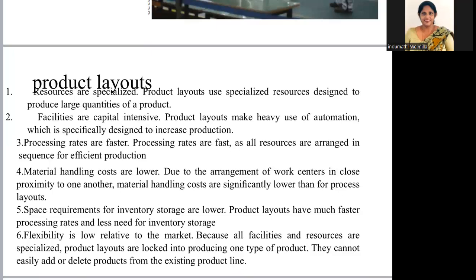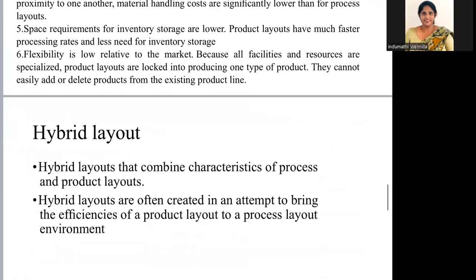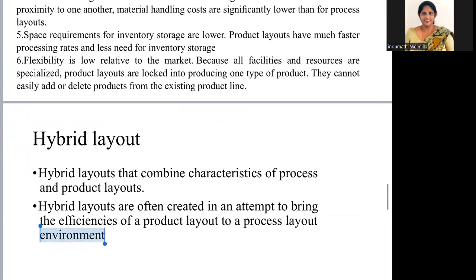They cannot quickly change these things because they use the same fixed material, same fixed equipment, same fixed machines. So it is hard to change. Therefore we can say there is less flexibility in the organization as well as relative to the market.